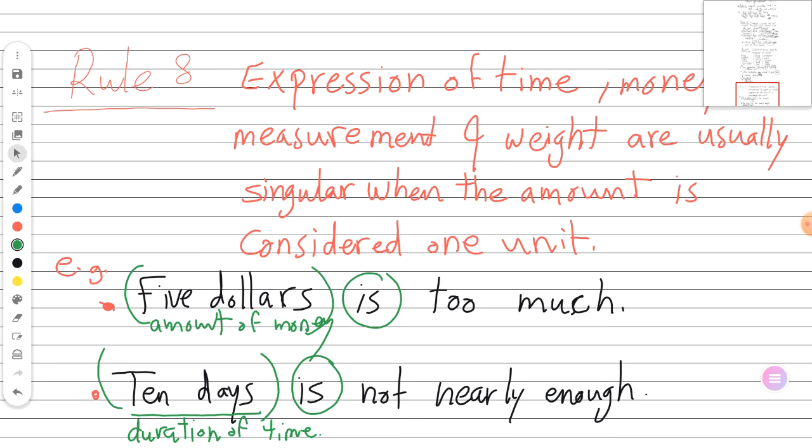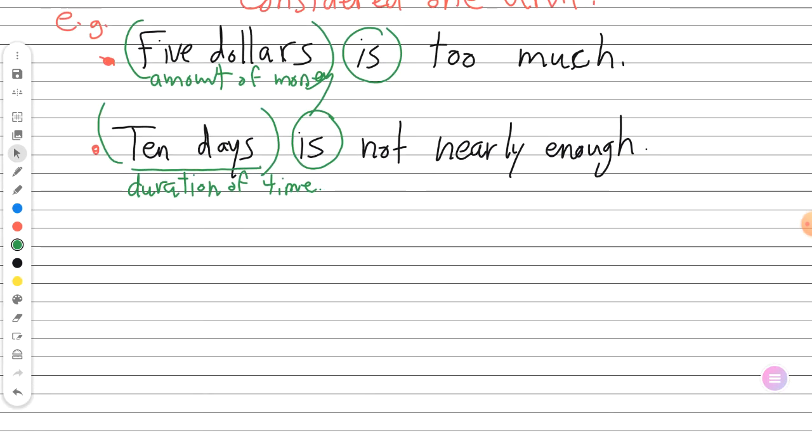When can I use it as plural? Yes, like in this example, when you say there were 30 minutes, or you said for $5.